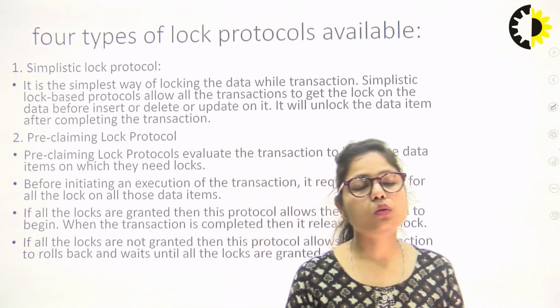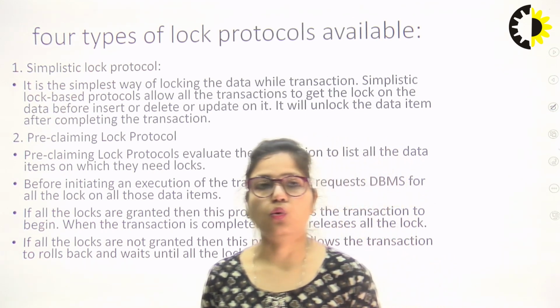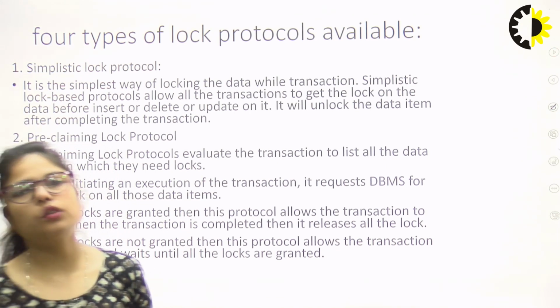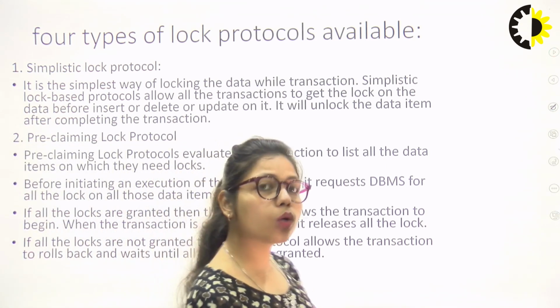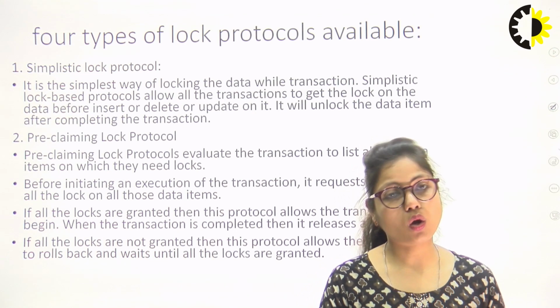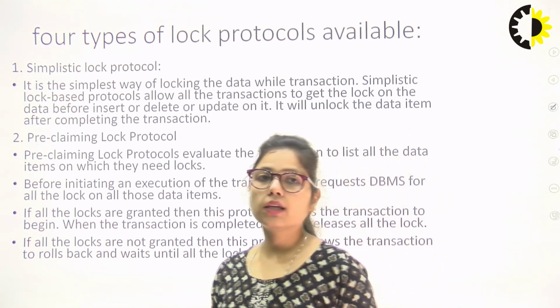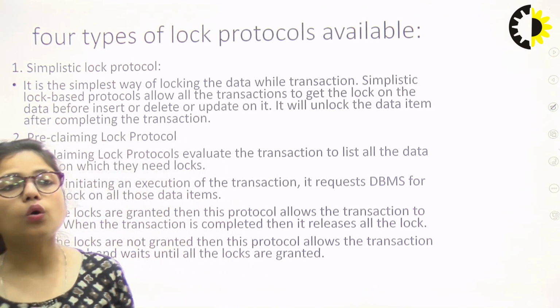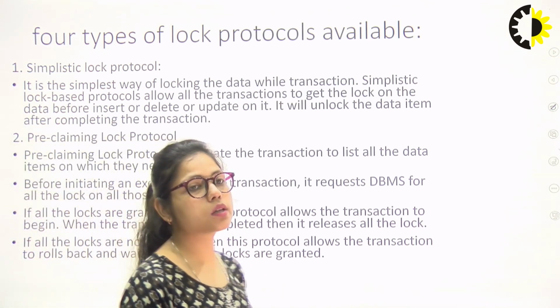I'll explain. Now the second one is the pre-claiming lock protocol. What is the pre-claiming lock protocol? Basically, it evaluates the transaction to list all the data items on which it needs locks. Before initiating the execution of the transaction, it requests the DBMS for all the locks on all those data items.